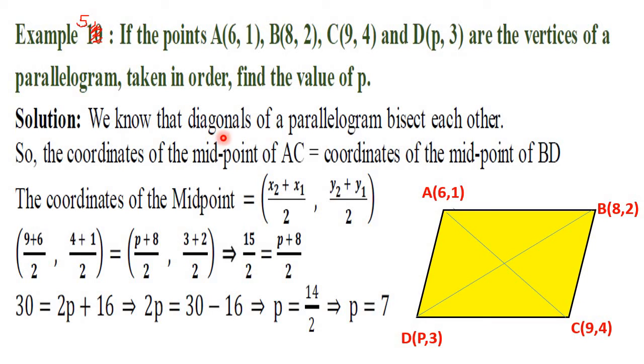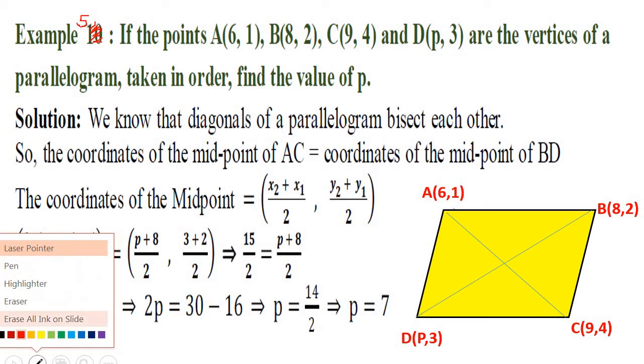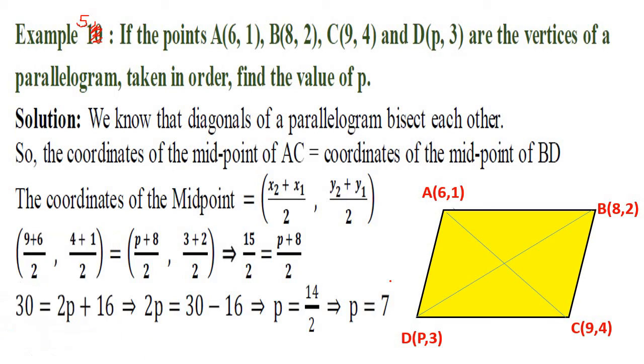We know that the diagonals of a parallelogram bisect each other. The diagonal AC and the diagonal BD will intersect each other at a common point. So let us take this common point as O, where the two diagonals intersect each other.